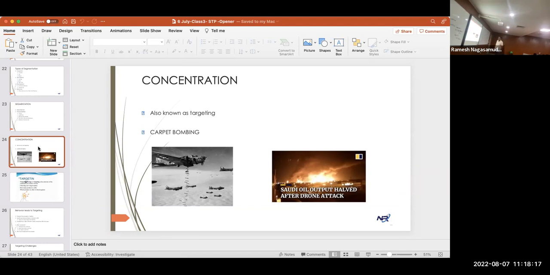There was an old slide with a Saudi Arabia oil well where one drone went and hit exactly the oil well, with no damage to people. So targeting is knowing exactly who your customer is and going ahead and hitting him right there.